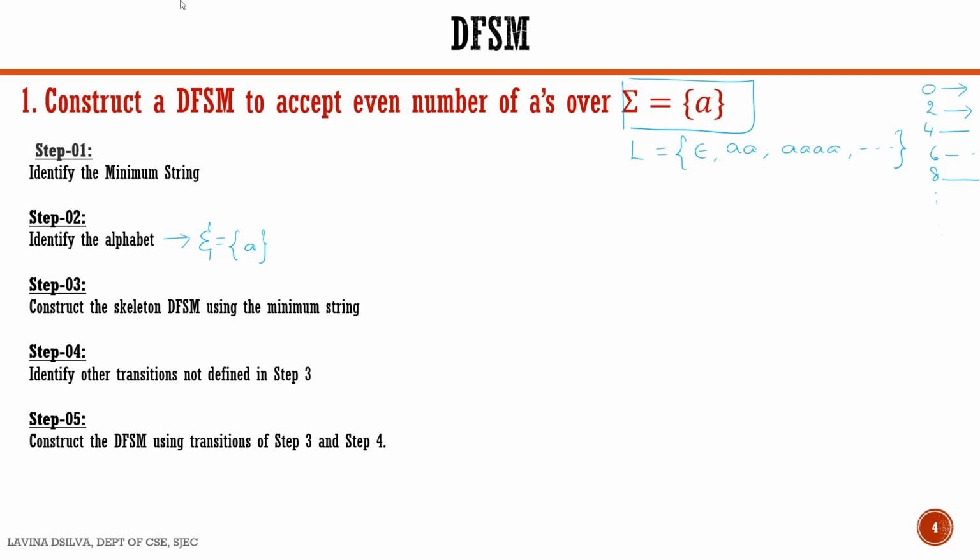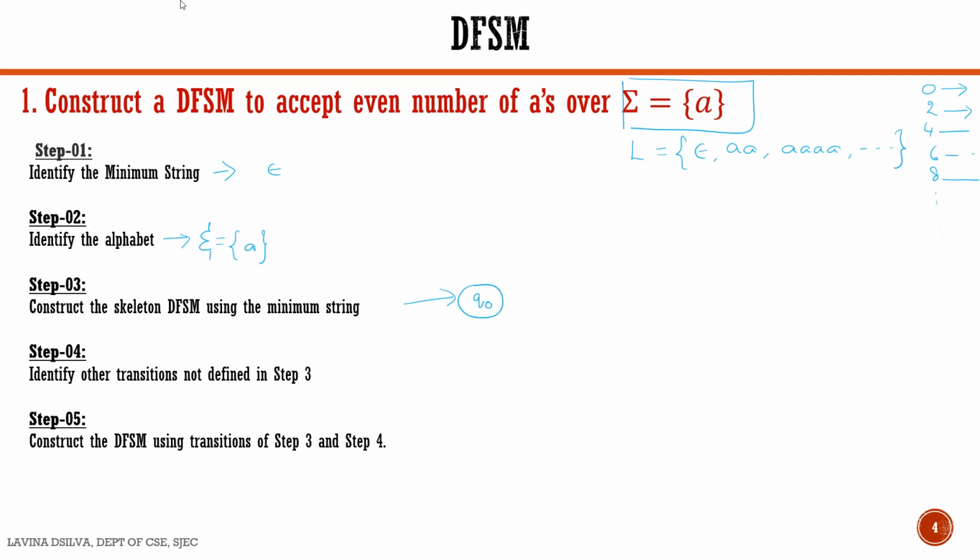So the minimum string in this DFSM is epsilon, the empty string. Constructing the skeleton DFSM here, we know that we need to have a start state Q0.